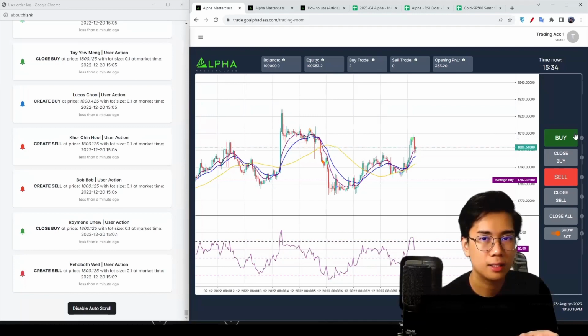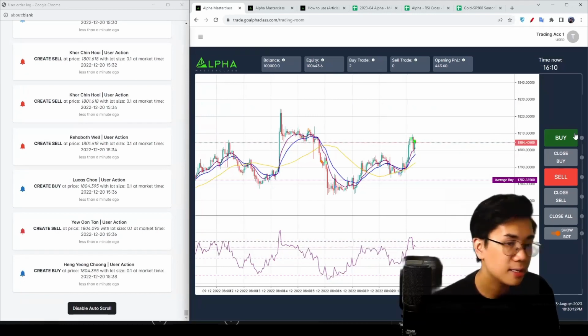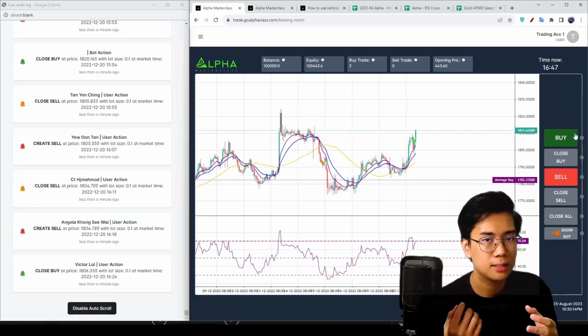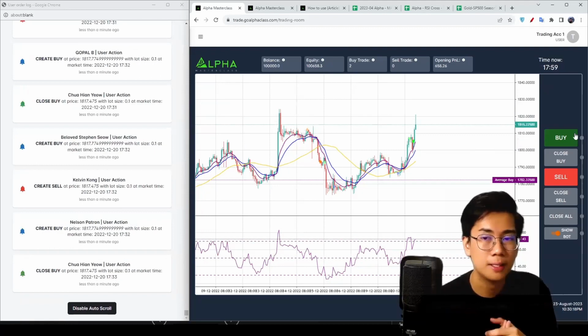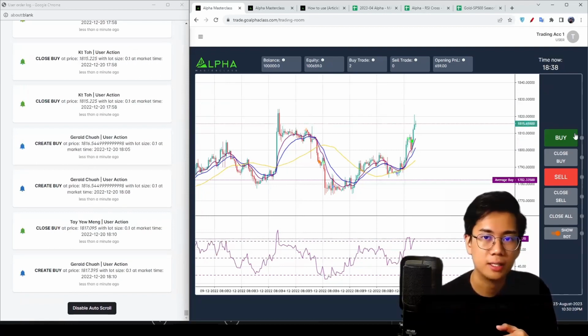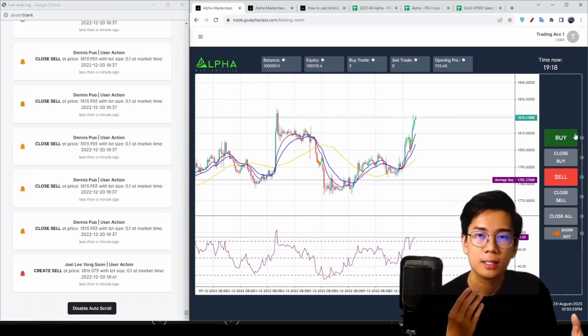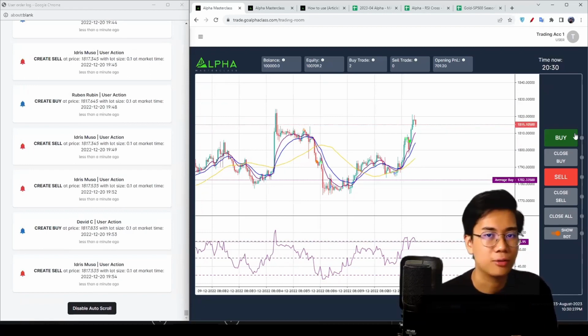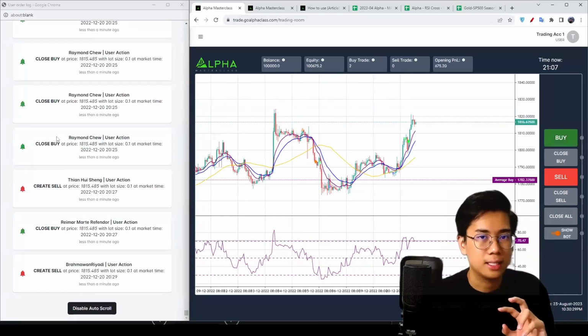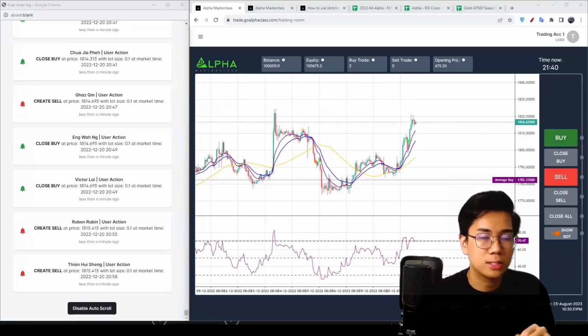So Derek, for the EA, you have it already. I believe I remember you are part of the VIP. If you are a VIP, you have it already. If you are not VIP, even a non-VIP does have the robot as well, just that one is more towards swing trading. It's not suitable for prop firm.